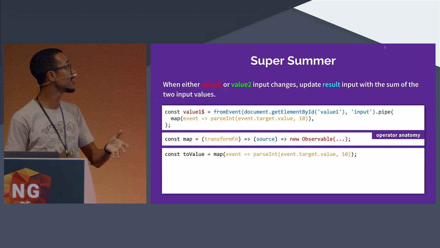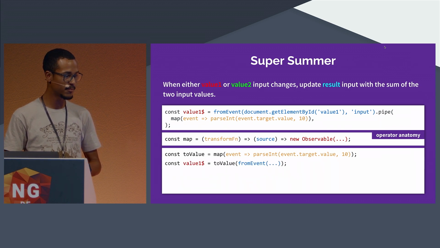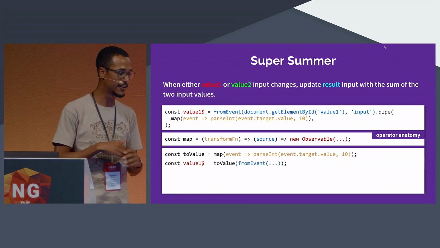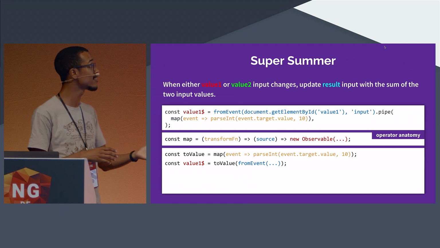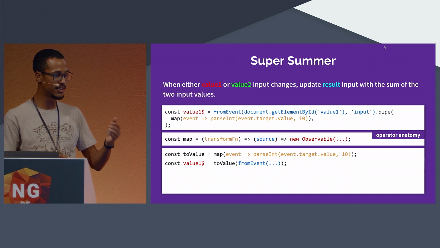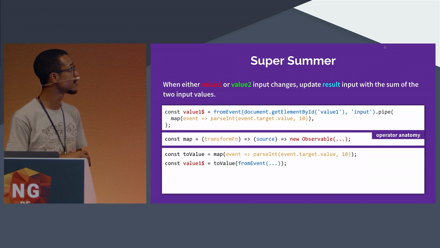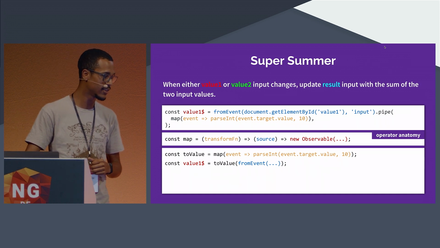I would call it toValue. And then, knowing that an operator is just a function that receives a source observable and returns a new one, we can do this, calling our new operator with the source stream, but that's not how you should do it.